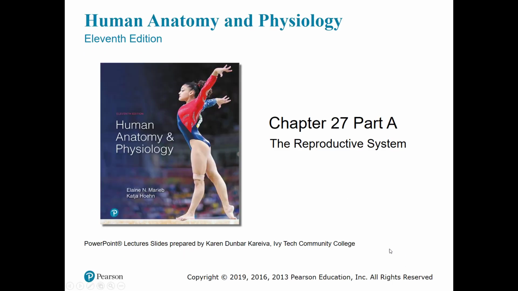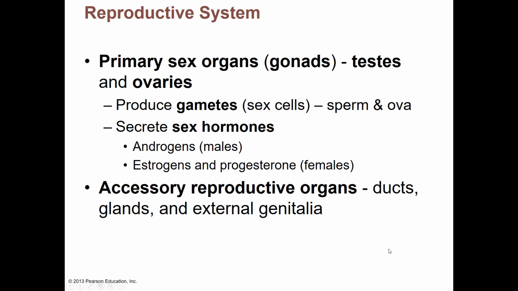Looking at the basic parts of the reproductive system, you have primary sex organs and accessory reproductive organs. Your primary sex organs, also known as your gonads, are your testes in the males and ovaries in the females. They're called primary sex organs because their main job is to produce your gametes, your sex cells, which are your sperm or your ova, the eggs.